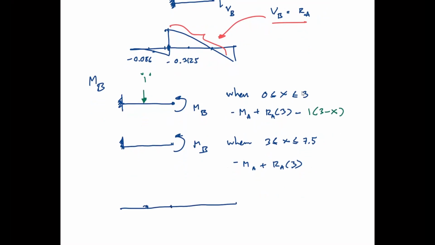2, 3, 4, 5. So this is what your MB is going to look like. Try to do better job. Okay. And this is 0.258.